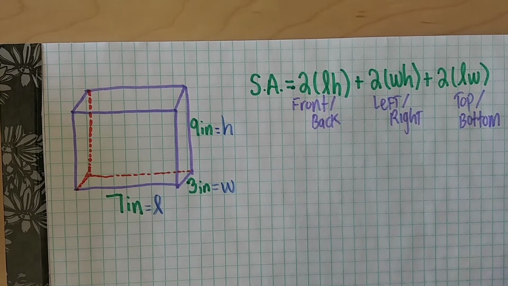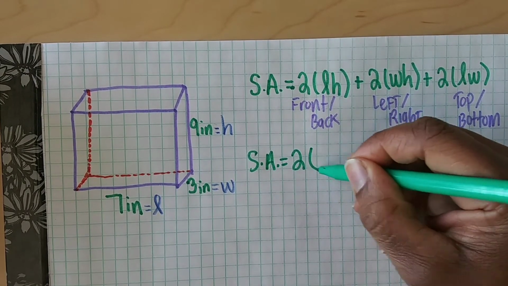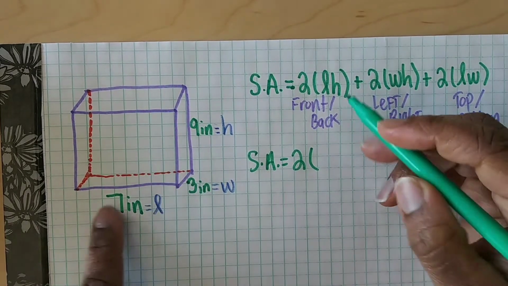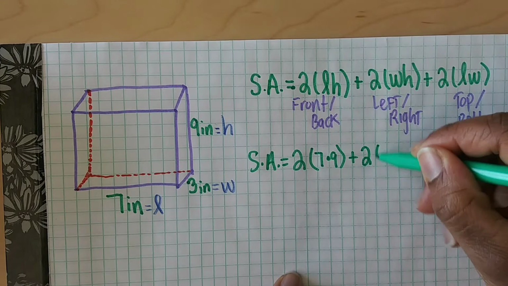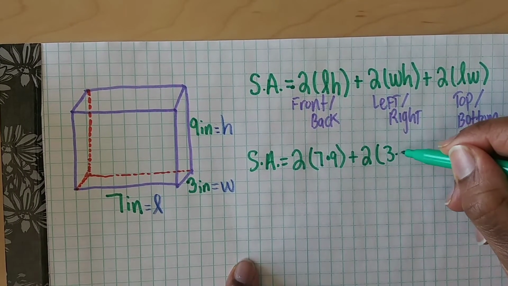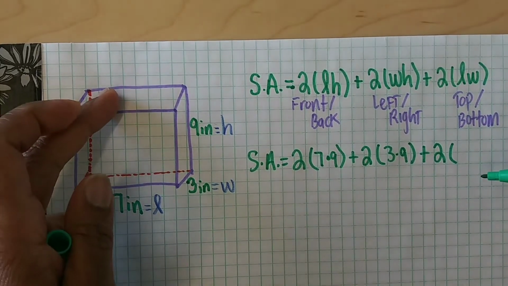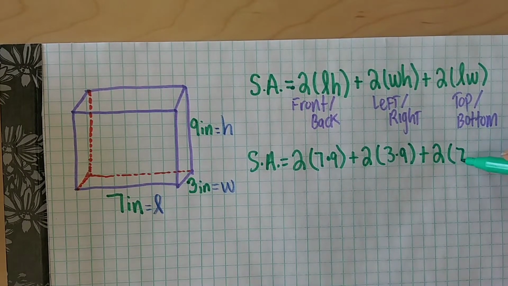So my surface area is equal to 2 faces that look just like the front, which is my length times my height, which is 7 times 9, plus 2 faces that are my left and my right, which is my width times my height, which is 3 times 9, plus 2 faces that represent my top and the bottom of my box, which will be 7 times 3.